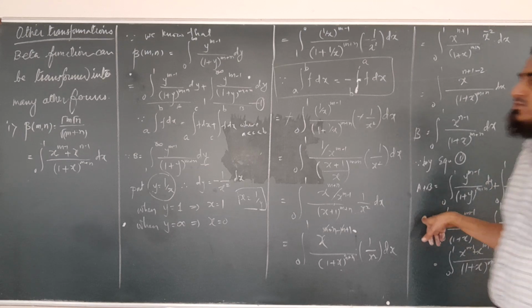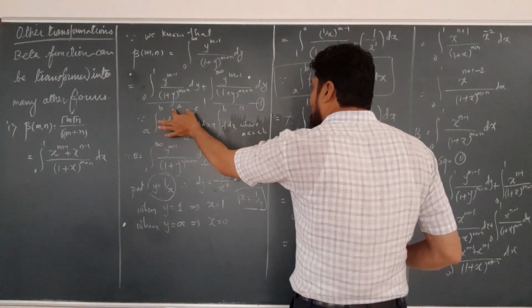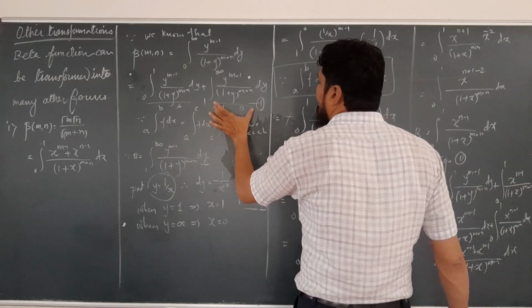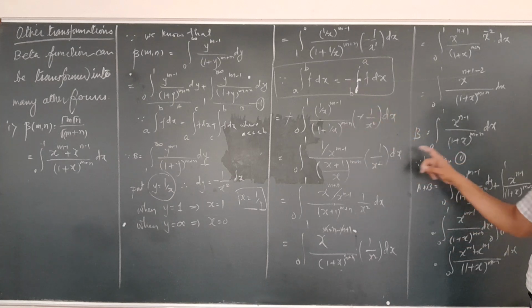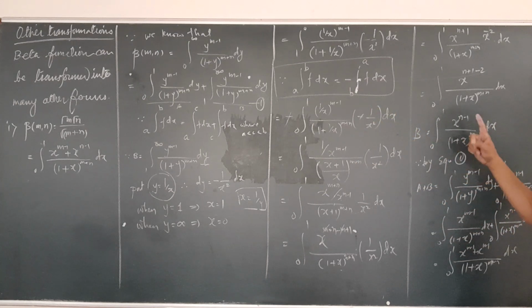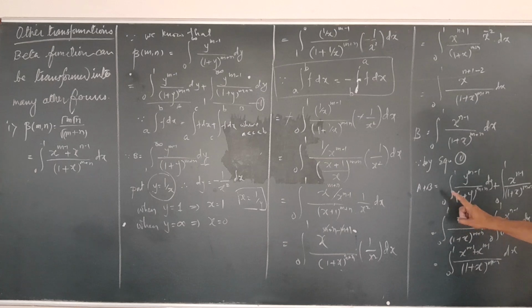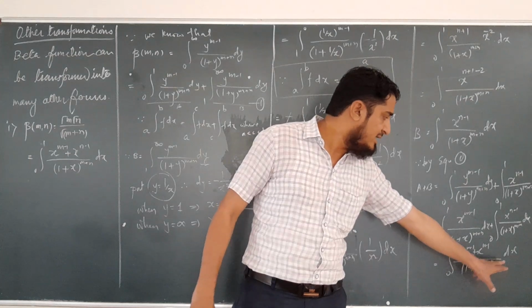And since we have equation 1 in two parts a and b, a is already in the sequence which we want to find, for expression b that's why we have converted the expression b in the form of integration 0 to 1, and we have both these expressions. Now the integrand is the same and the limits of integration are also the same, so we can write in a single integral, and we get x raised to m minus 1 plus x raised to n minus 1 upon 1 plus x raised to m plus n dx.